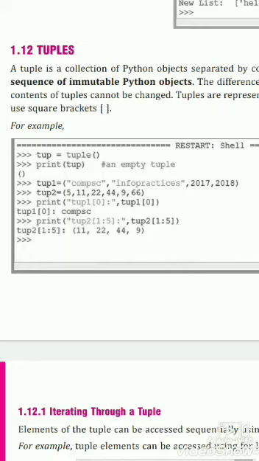Then we print tup1[0]. When we want to access a member, we can do it through indexing.